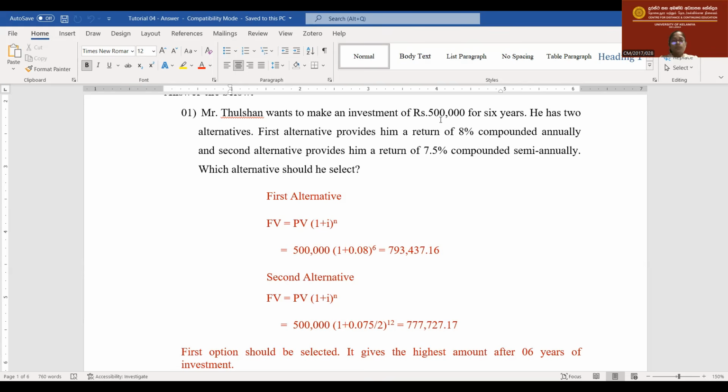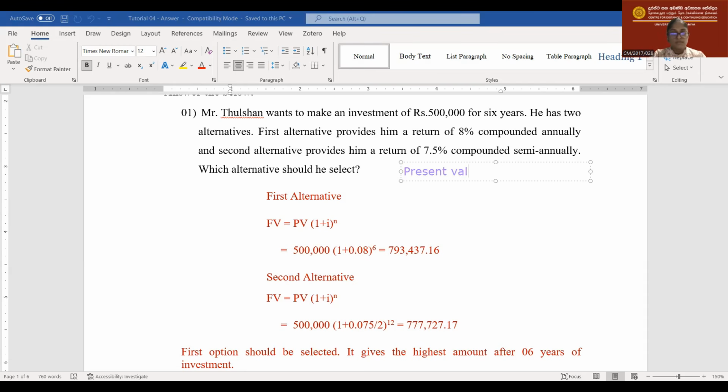So write the formula: future value equals the present value multiplied by (1 plus i) to the power of n. Always we have to calculate starting from the present value when we have to find the future value. When you are writing down the answers, first of all write what the present value is.